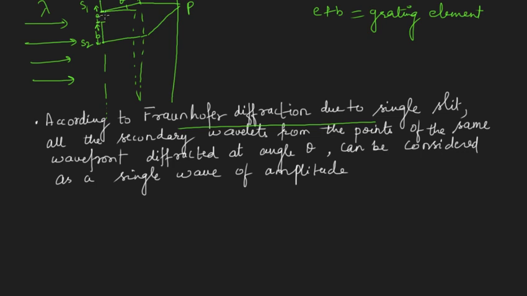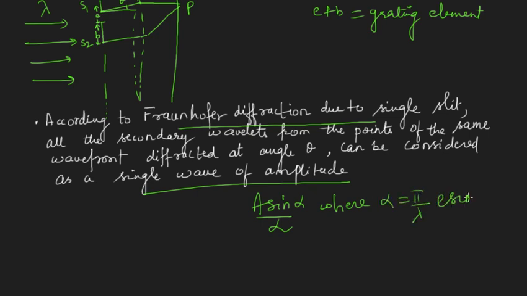And I know that all the secondary wavelets in a single slit combine to give me a single wave of amplitude A sine alpha by alpha, where alpha is equal to pi by lambda E sine theta.